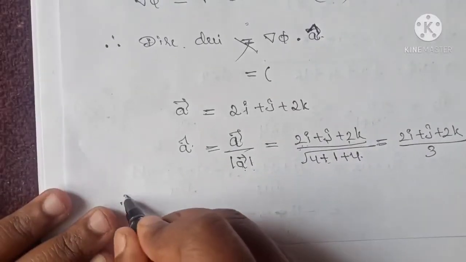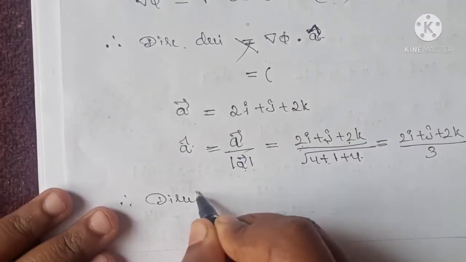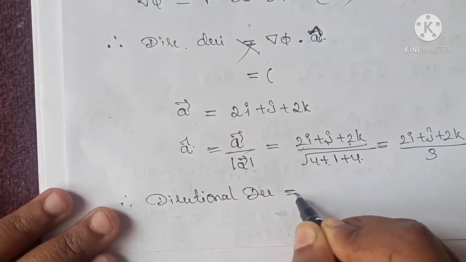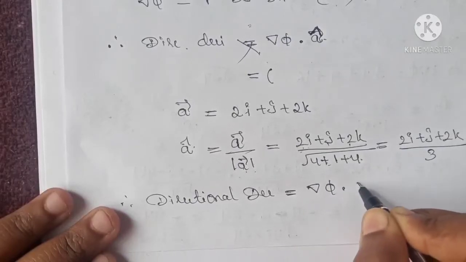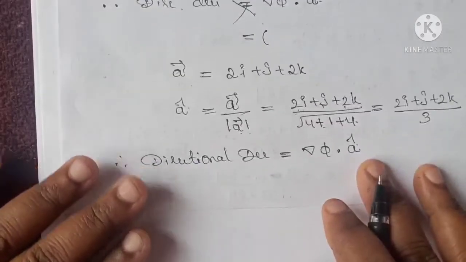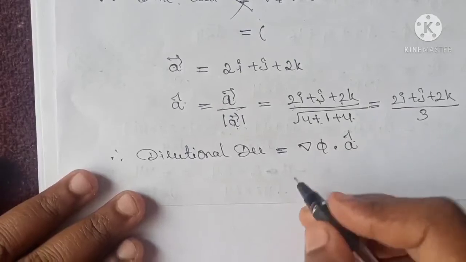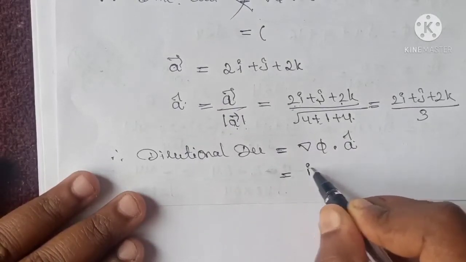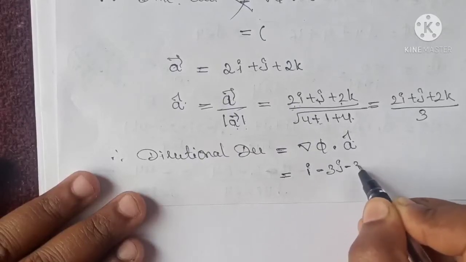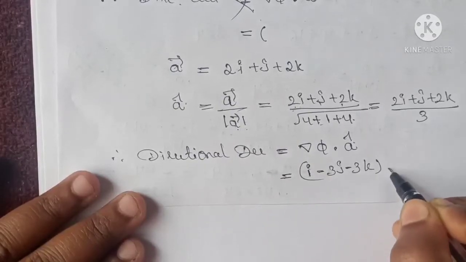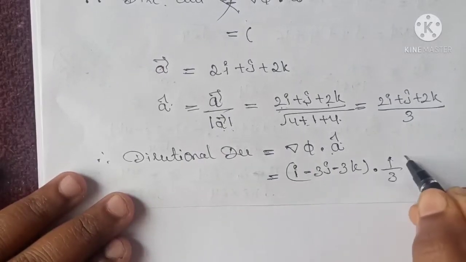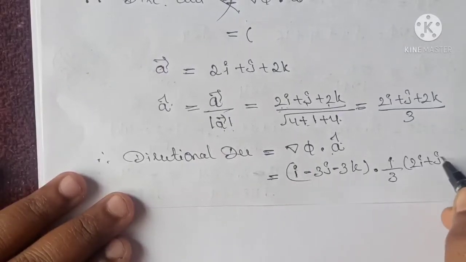Now the directional derivative is equal to del phi dot unit vector a, or a cap. So del phi value is i minus 3j minus 3k, into a cap, which is 1 by 3 into 2i plus j plus 2k.